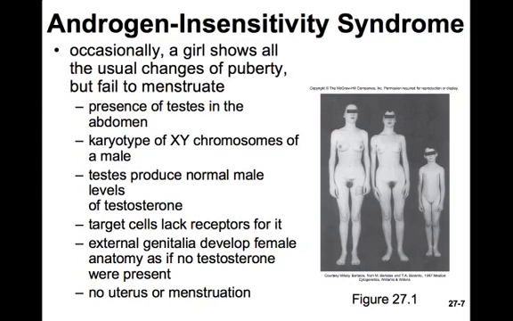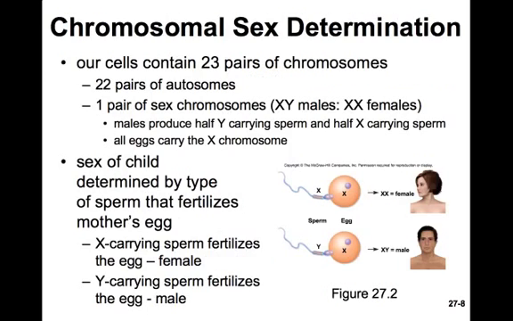That is, if there's no testosterone present or no testosterone detected, we'll see development of female external genitalia. However, there's no uterus. It's a blind vagina, shorter than usual. And if there's no uterus, then of course there's no menstruation.